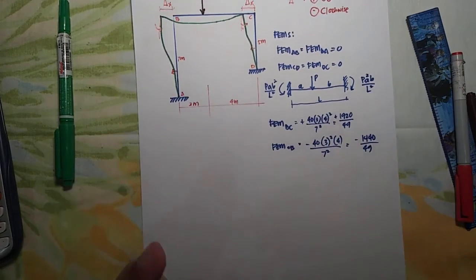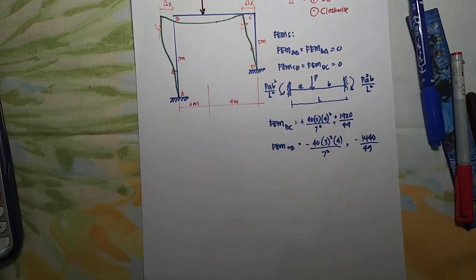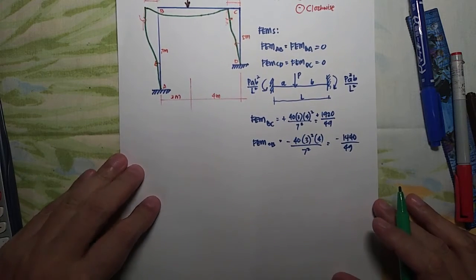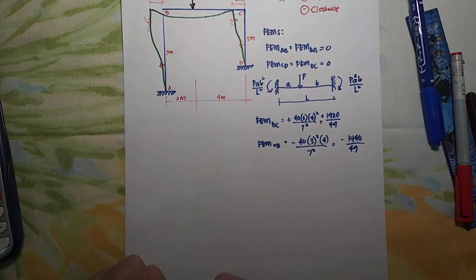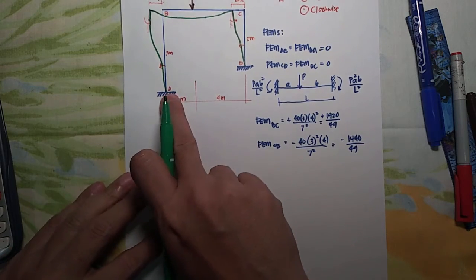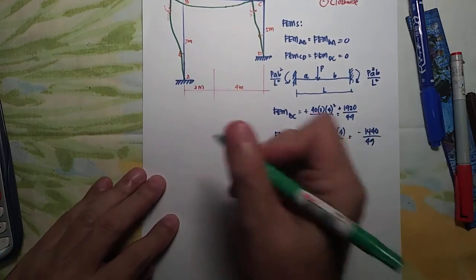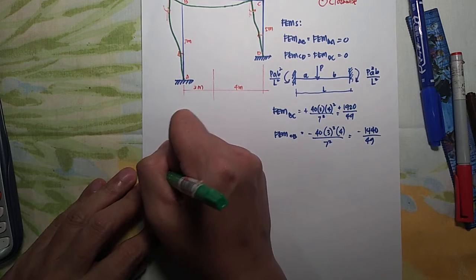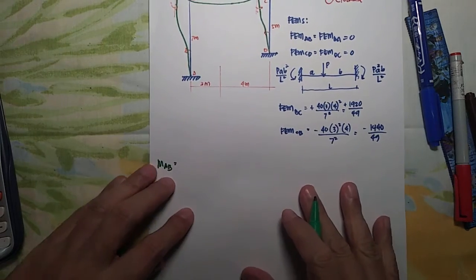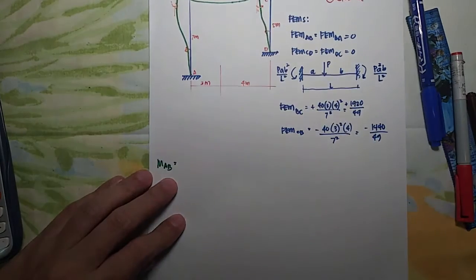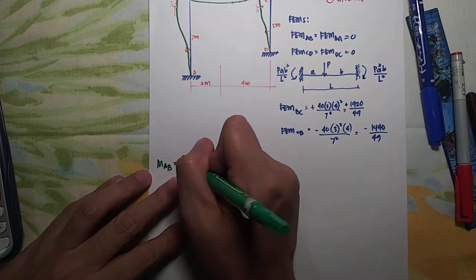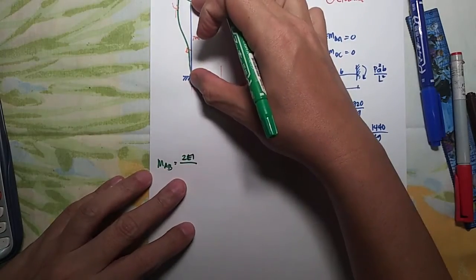Now, next is to write the slope deflection equation, or the member end moments. Okay, so what are the member end moments? Let's start with AB. For member AB, we have 2EI over L. The length is 7 meters.